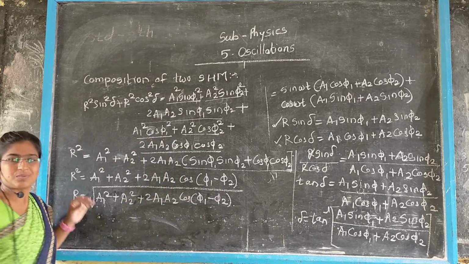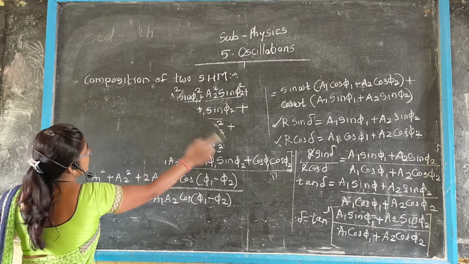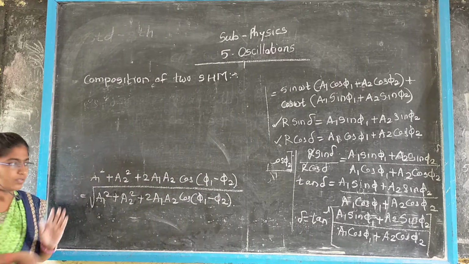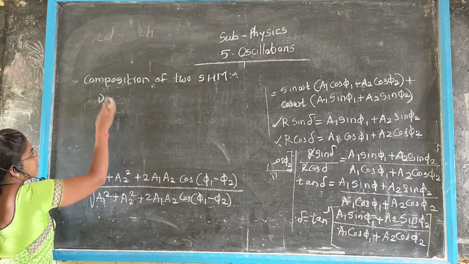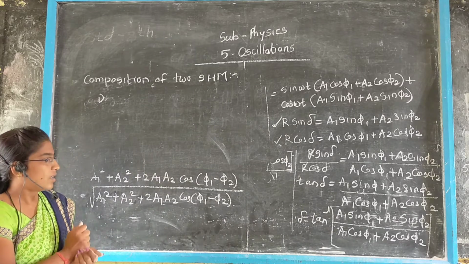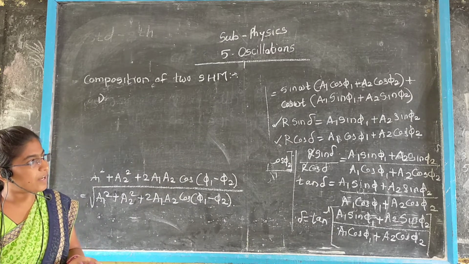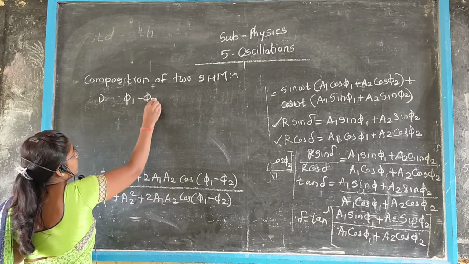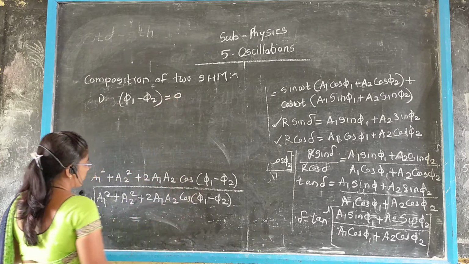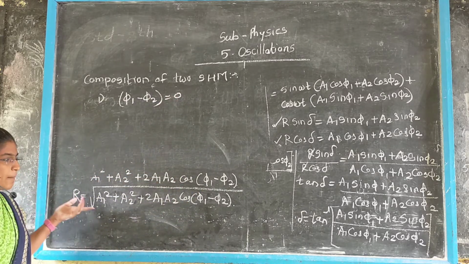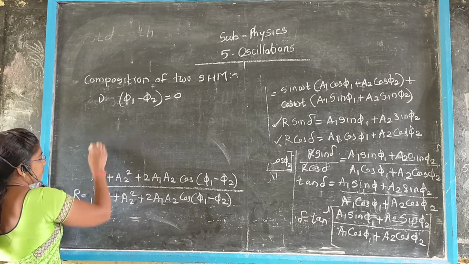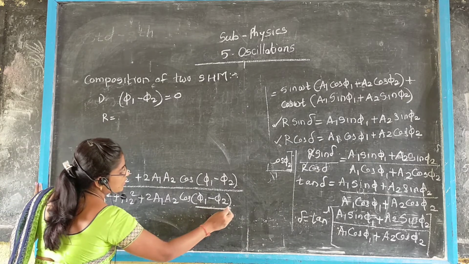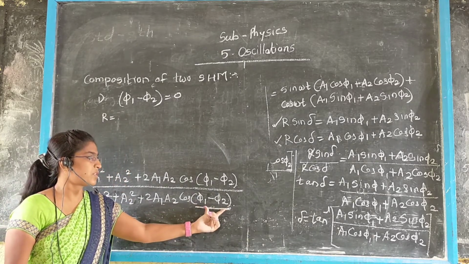Okay. Now we have to study three cases. First one, if the phase difference phi 1 minus phi 2 is equal to 0, then in the equation of resultant amplitude r, we substitute phi 1 minus phi 2 equal to 0.